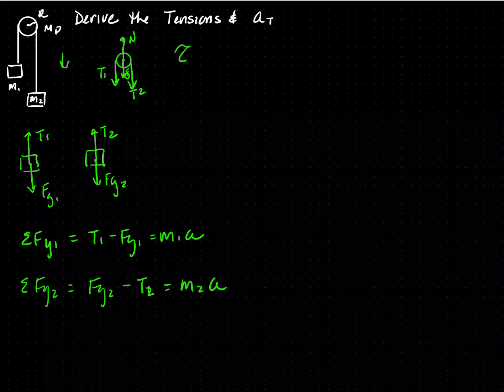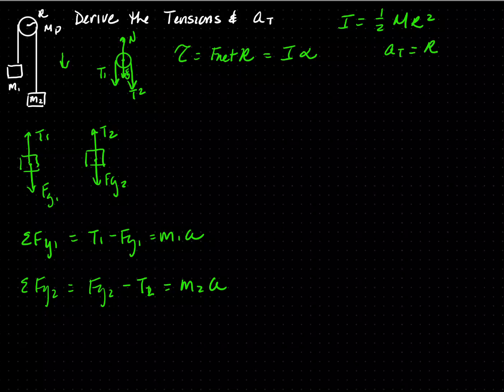So my general formula for the torque is F net R equals I alpha. We're going to assume that I of the pulley is 1/2 mr squared. We also know that a tangential is going to be R times alpha, the angular acceleration.